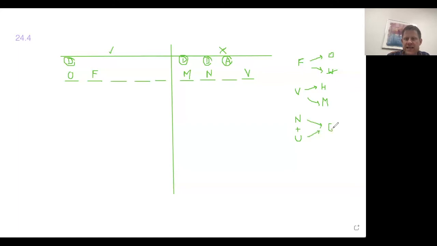Therefore, if G is in, then one of them is going to be out, N or U. Well, that rule seems to be already accomplished because we have G, if G were in, then N would be out, and that would be okay.